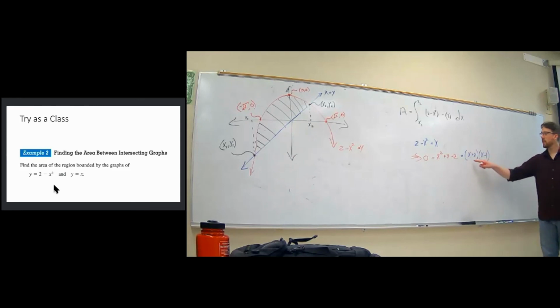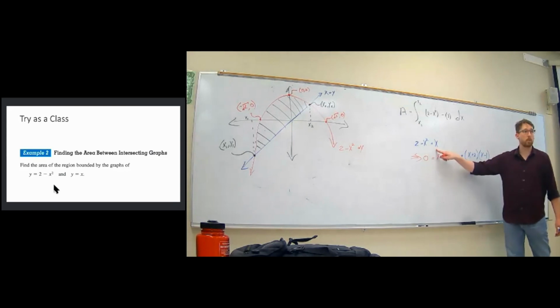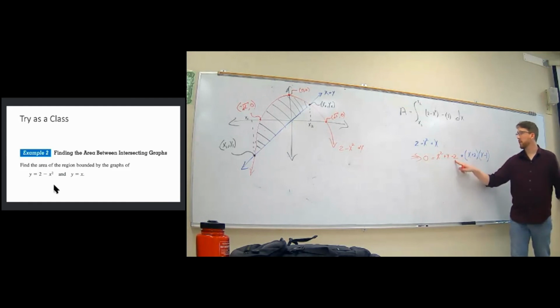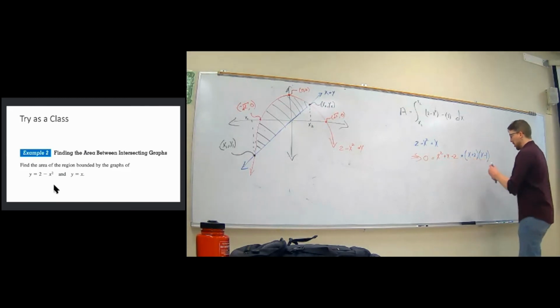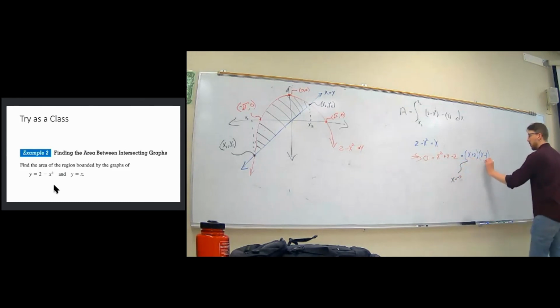So when our 2 things are set equal, that means this function is equal to 0, right? When this is equal to 0, one of these 2 factors has to be equal to 0. When this is equal to 0, we get x is equal to negative 2. And when this is equal to 0, we get x is equal to 1.